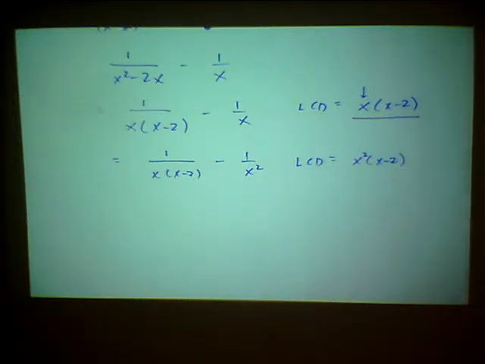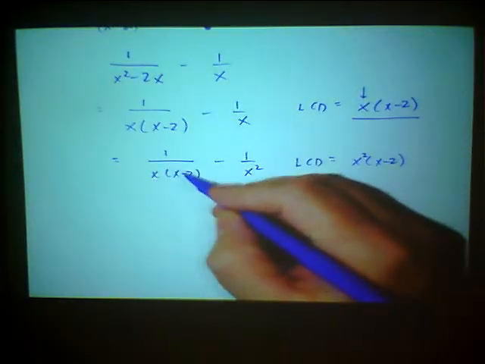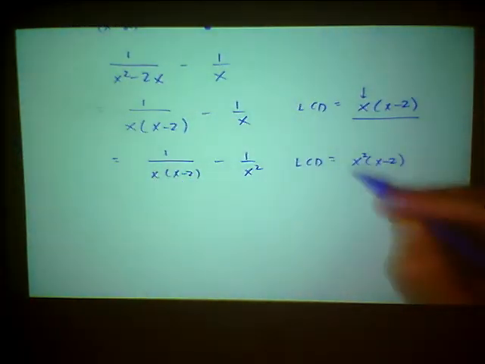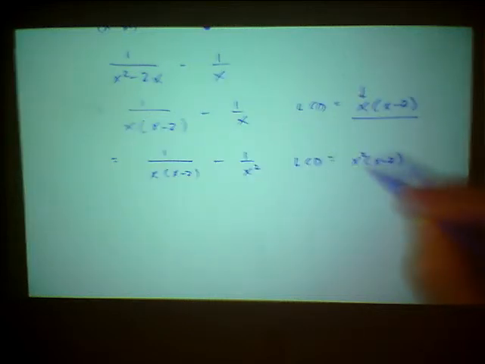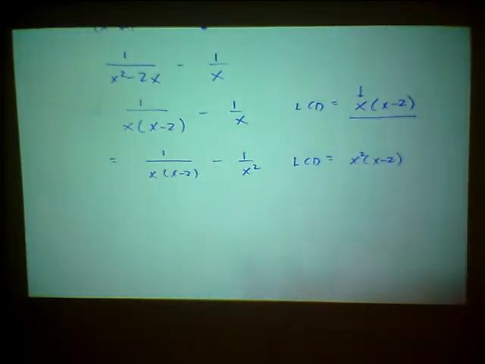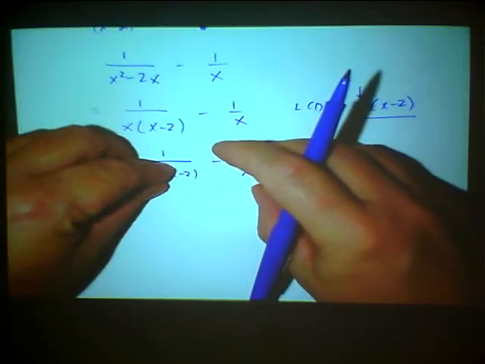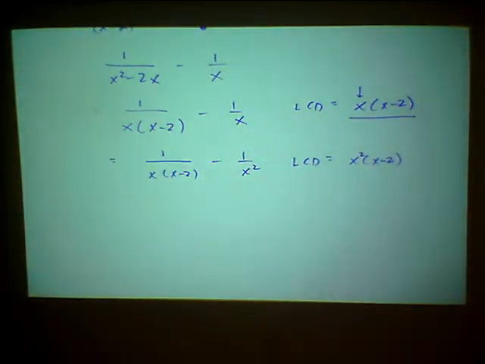And then I have the LCD. And once again, the idea is x times x minus 2 is sort of embedded. It's part of this LCD, and x squared is also a part of it. We're sort of taking these two denominators and combining them, but we don't need to repeat anything.